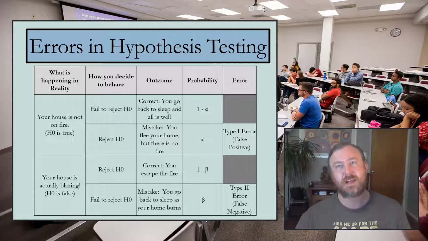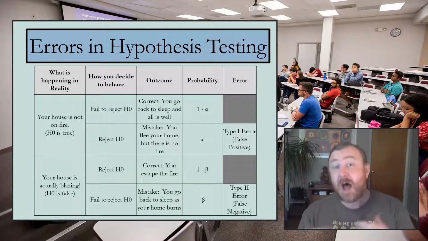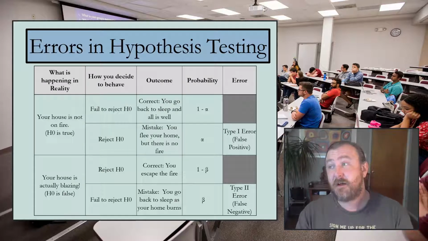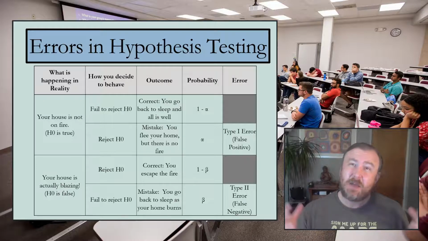And that's what's important to understand. There is a tension between type 1 and type 2 error. And I would argue that it would probably be safer for society for us to be more willing to make a false negative than a false positive, right?